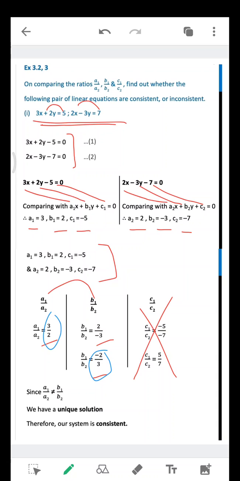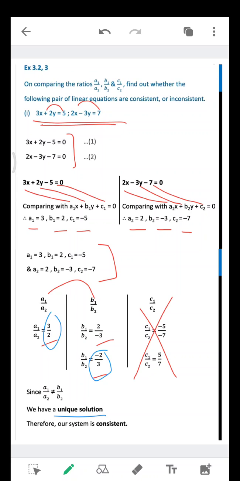Are they equal? No. So since a1 by a2 is not equal to b1 by b2, we can directly say that these equations have a unique solution. How many solutions does it have? Unique, and our system is consistent because we can find the solution.